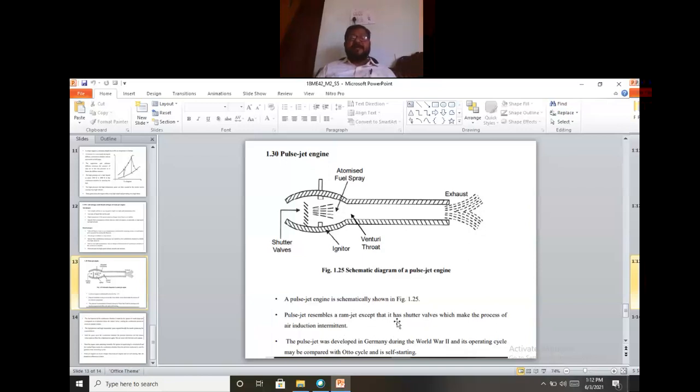The pulse jet was developed in Germany during World War II. Its operating cycle may be compared with the Otto cycle, and it is self-starting. Like the ramjet, it does not have any turbine, compressor, or moving parts, so friction is very low, and maintenance cost is less.